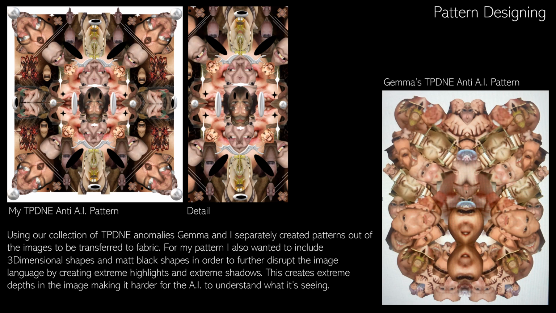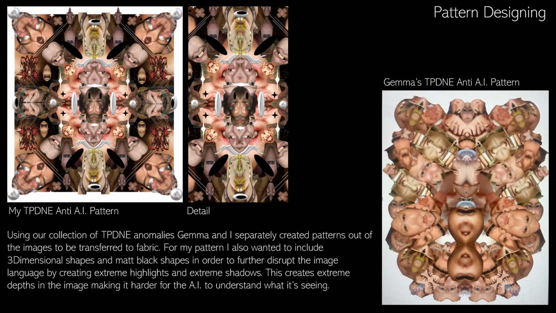Both me and Gemma made two separate patterns using the same bank of images, so using all those different AI anomalies from This Person Does Not Exist. We created separate patterns and we both had a different approach. For my pattern, I also wanted to include the ideas I've been researching with the other artists, for example, the use of color.